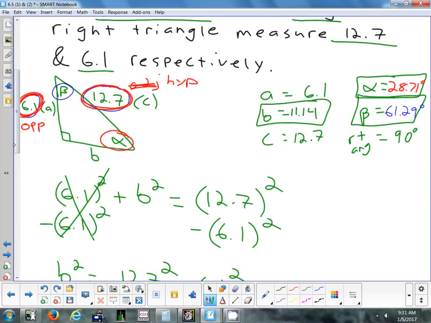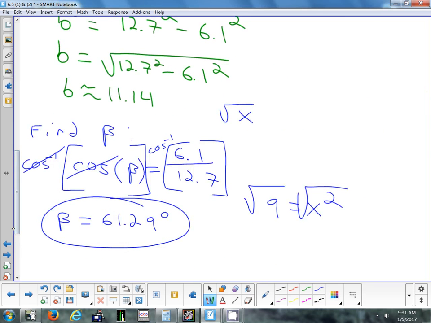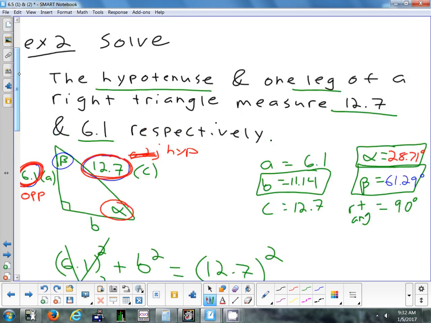When you find beta, which is inverse cosine, you could also subtract that number from 90 and get this answer a little faster. But why do you think I would be careful about subtracting 61 from 90?